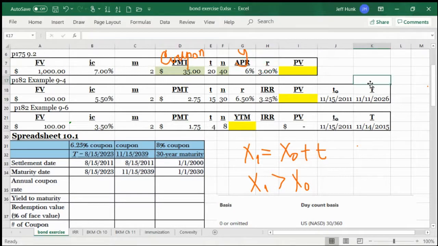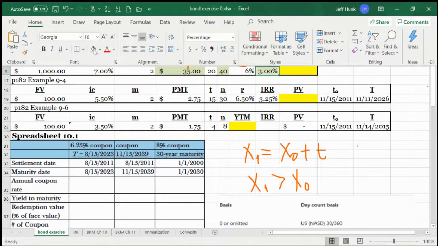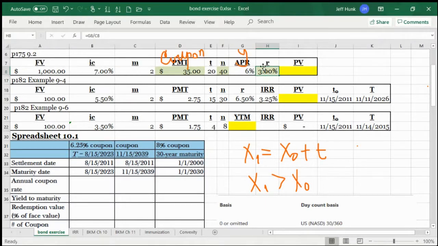It has to be. Why? Because we are dealing with half-year, semi-annual compounding. So we need the semi-annual discount rate, which is simply, we already know how we got to this, you divide the APR yield by 2.